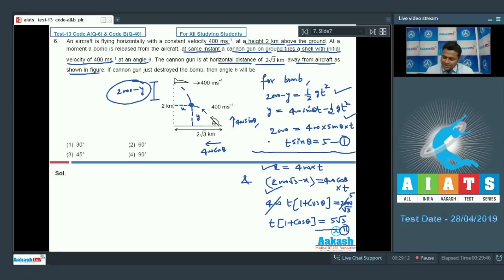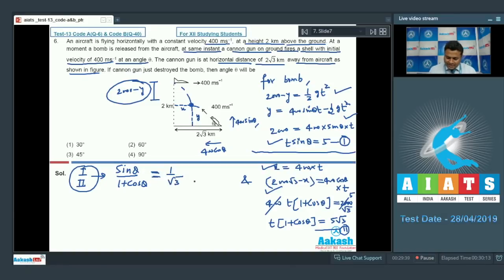Now we are having two equations, t sin theta equals 5 and t into 1 plus cos theta equals 5 root 3. Dividing 1 and 2, what we are going to get? T cancels out, so left hand side sin theta upon 1 plus cos theta, right hand side 1 upon root 3.